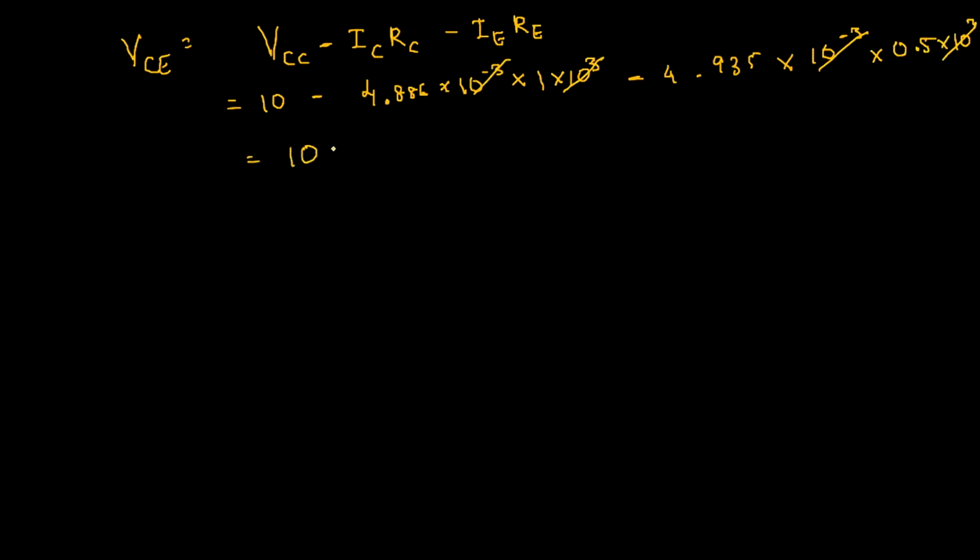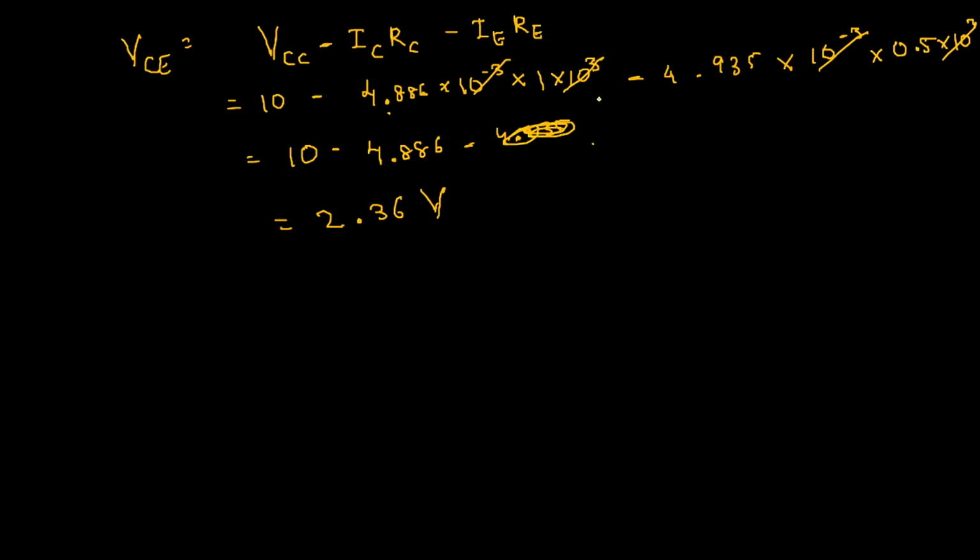So we get 10 minus 4.886 minus 4.935. So this value comes out to be 2.36 volt. No, this is not 4.935.